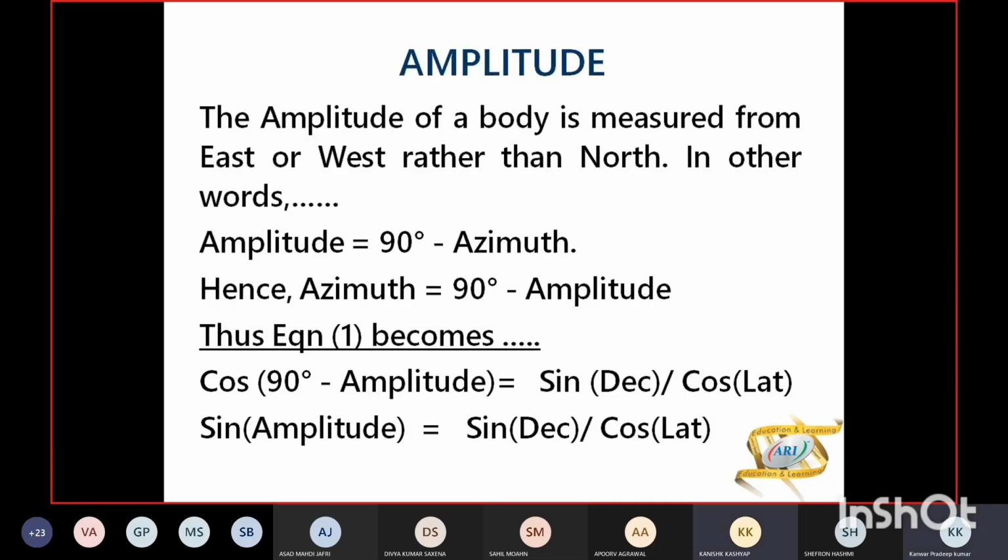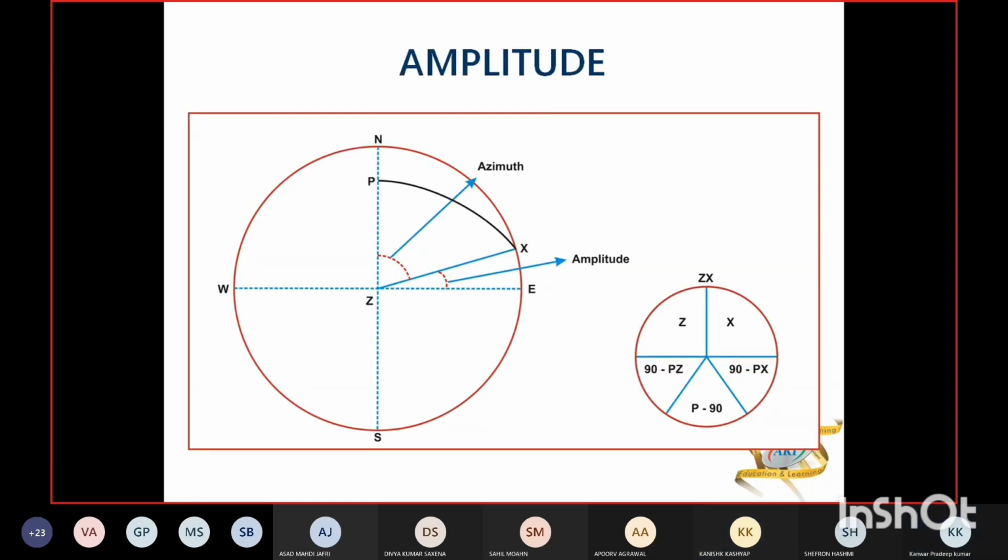The amplitude of a body is measured from east to west. सर, वो पीछे वाली स्लाइड एक मिनट के लिए जरा दिखा दीजिए। डायग्राम वाली? हाँ सर। ये सर। ओके। बना लो साइड में फटाफट। हो गया तो बोल देना, I'll change. Done.